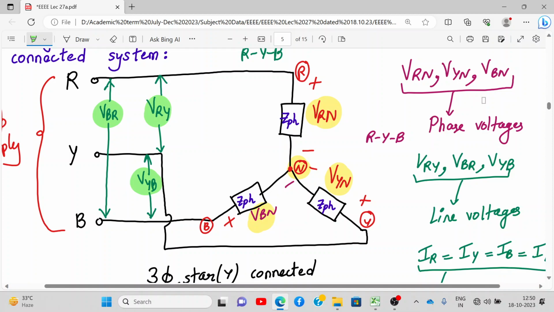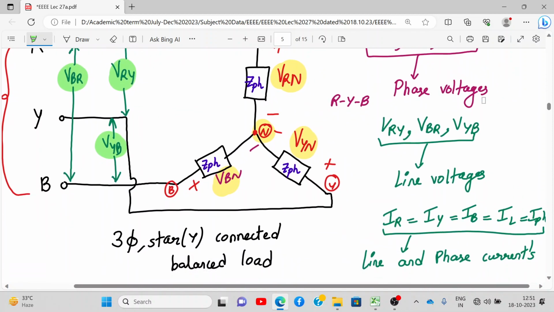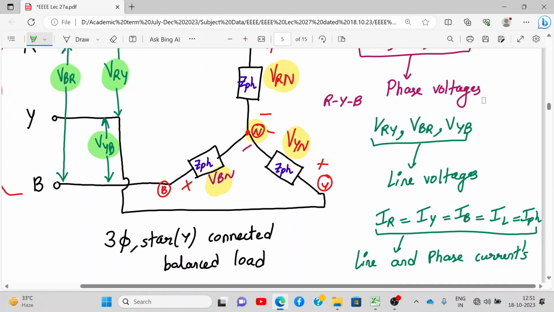Now line current. Here in a star connected network, line current and phase current are same. So write this down. What I have written on the left hand side, right hand side, please write it down. IR, IY, and IB are phase currents. That is equal to line current, IL.